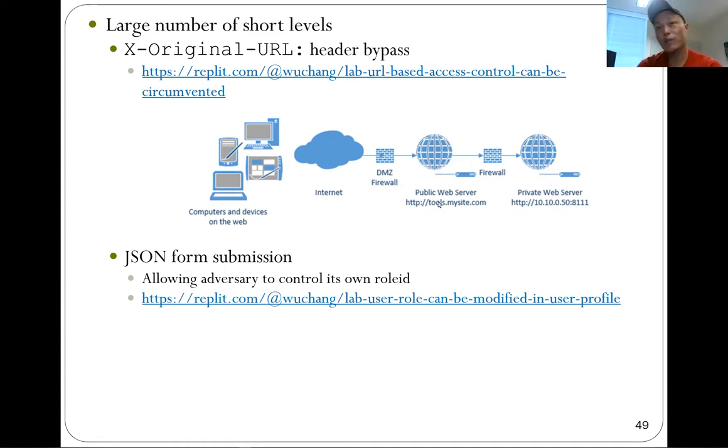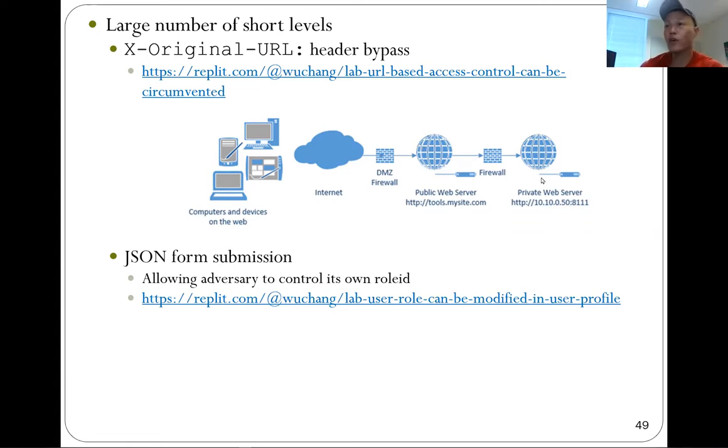Now, if you have a reverse proxy tier before you actually go to the actual web server, one of the things that happens is that this reverse proxy will often, as part of its functionality, need to rewrite the URL to hit the actual destination.